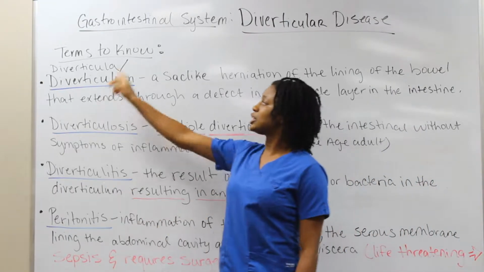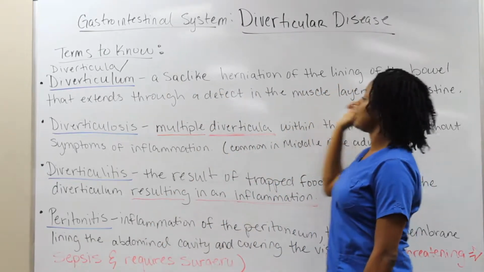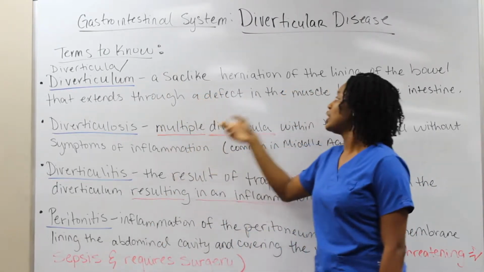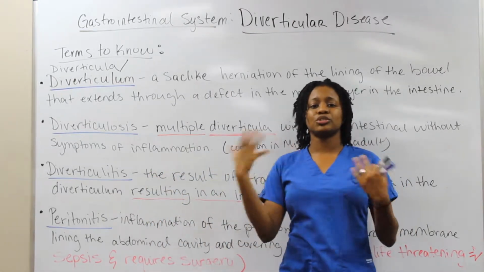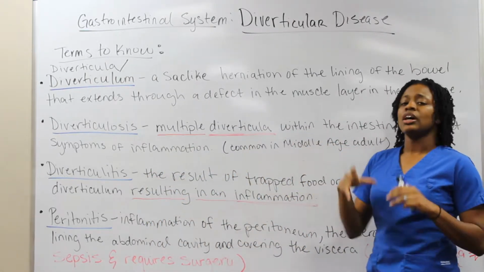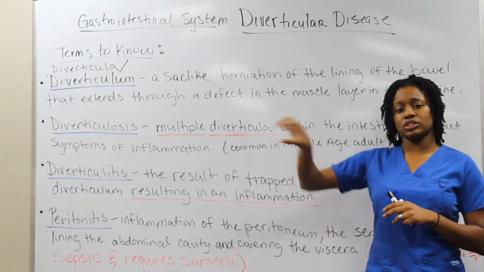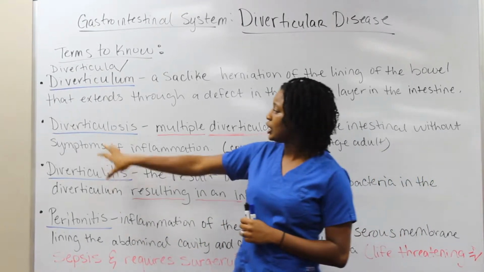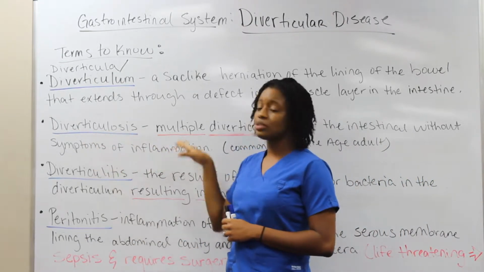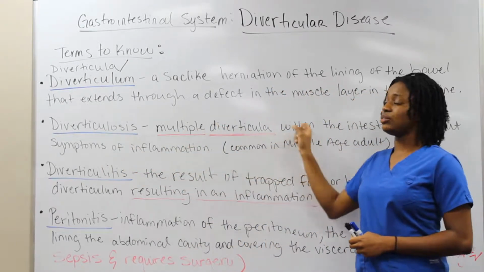Diverticula, or diverticulum, is a sac-like herniation of the lining of the bowel that extends through a defect in the muscle layer of the large intestine. So pretty much a protrusion, a bulging of the large intestine. You have your large intestine and a little pouch on the outside. Then you have diverticulosis, and osis means multiple diverticula.